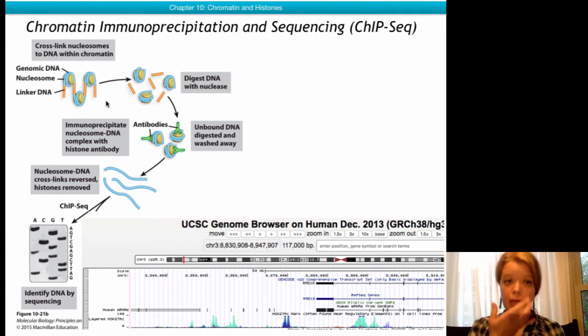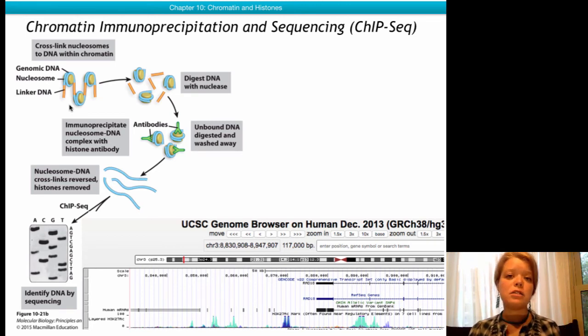Let's pretend that we have this genomic DNA spooled onto nucleosomes with some linker DNA in between. And we want to know what parts of our giant genome carry histones with the H3, say H3K9, modification.